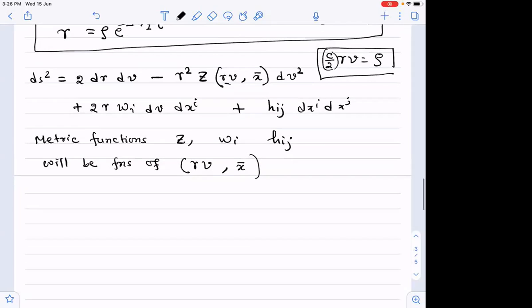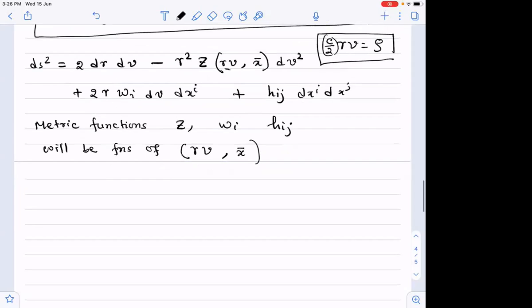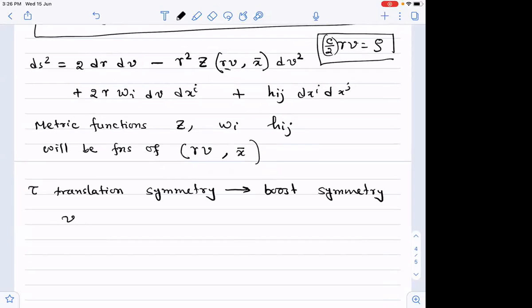The tau translation symmetry, tau being the Killing direction, is reduced to something called boost symmetry in this new coordinate. The symmetry is V going to lambda times V, with lambda constant, and R going to R by lambda.